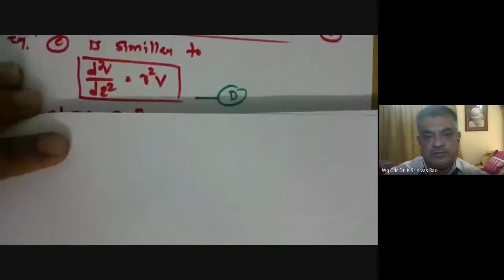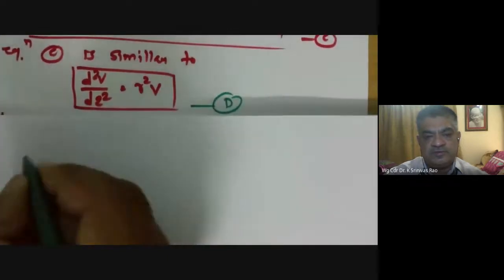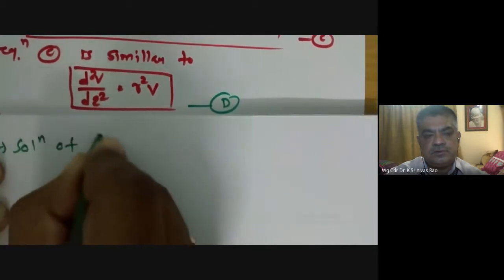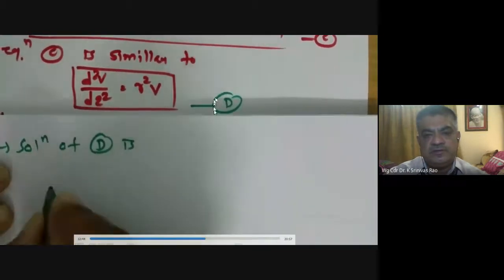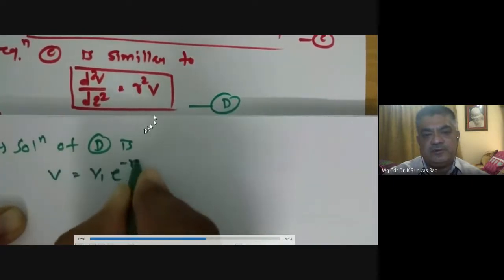Now if we try to find the solution of a second order differential equation, because this is also a very important aspect, we have to solve these equations. Solution of equation D. Sometimes in the exam they will ask you to derive this equation and also solve it.